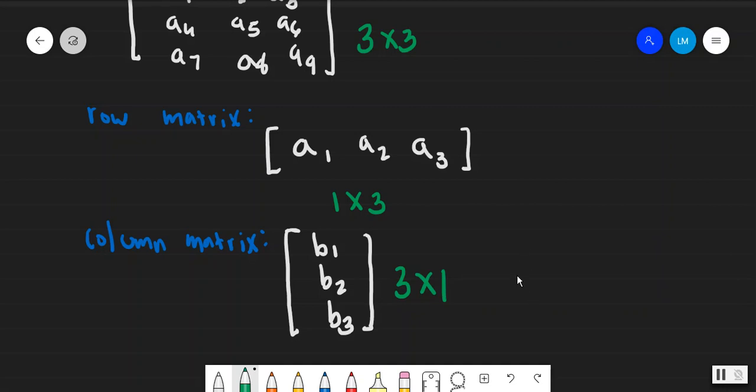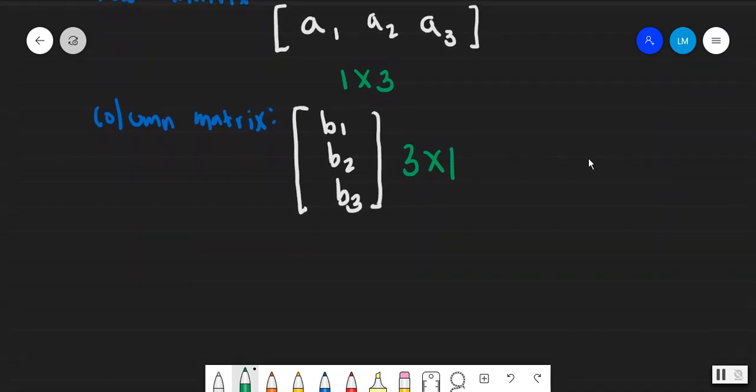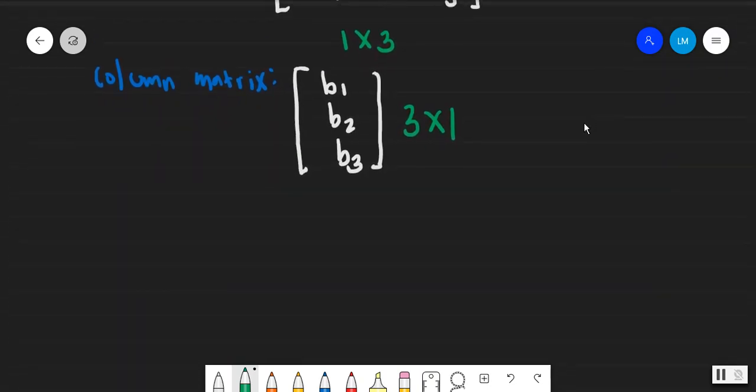Now, the other thing that we can mention is that we do have other types of unique matrices. For example, we have what is called the zero matrix. A zero matrix is exactly as it sounds too, but you have to be careful. A zero matrix can have any number of dimensions.